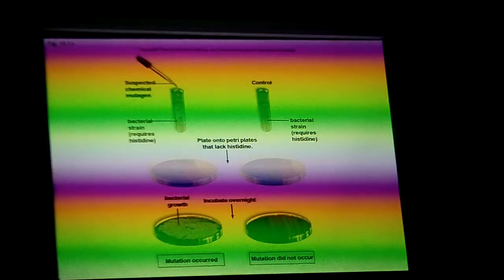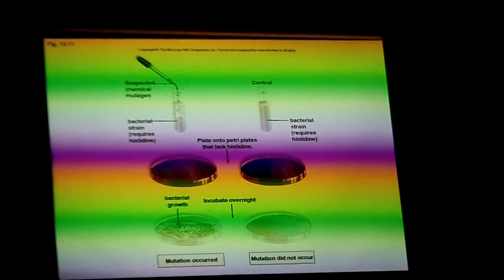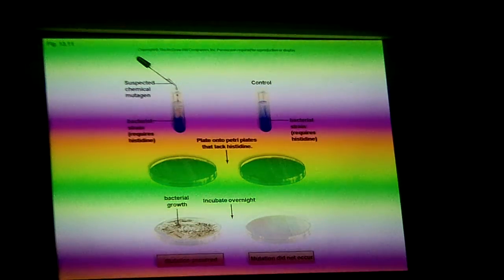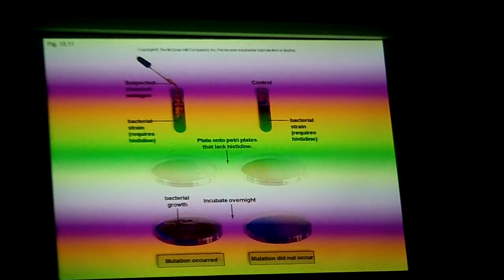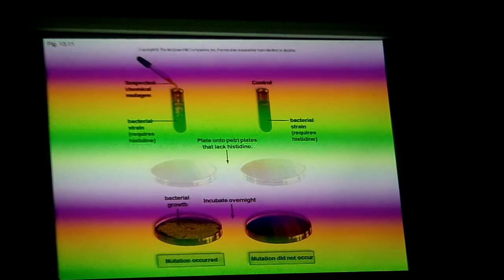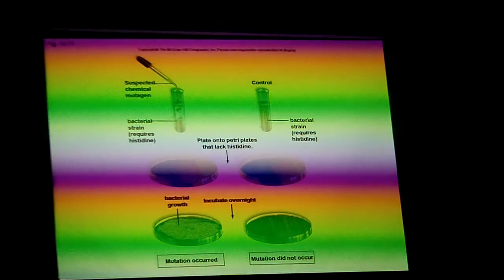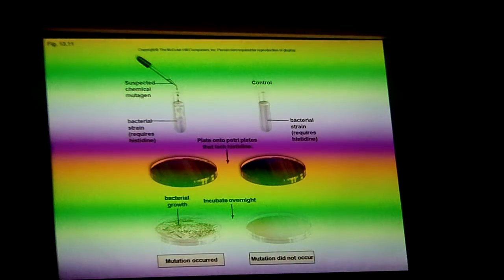There are a lot of things out there, though, that are carcinogenic. Cigarette smoke is very carcinogenic. A lot of the chemicals they put in fertilizers and things like that for plant growth could be carcinogenic.